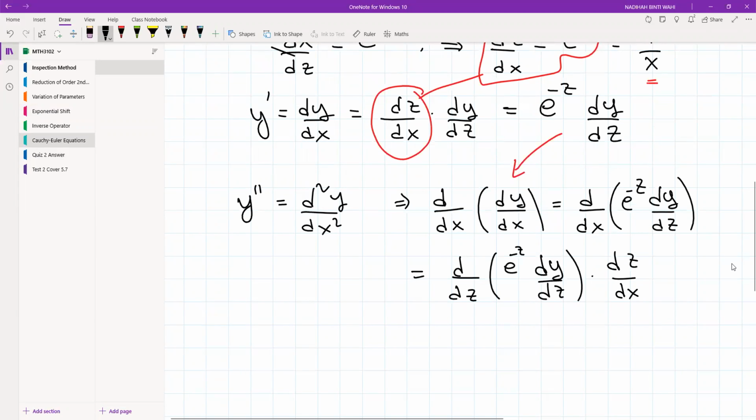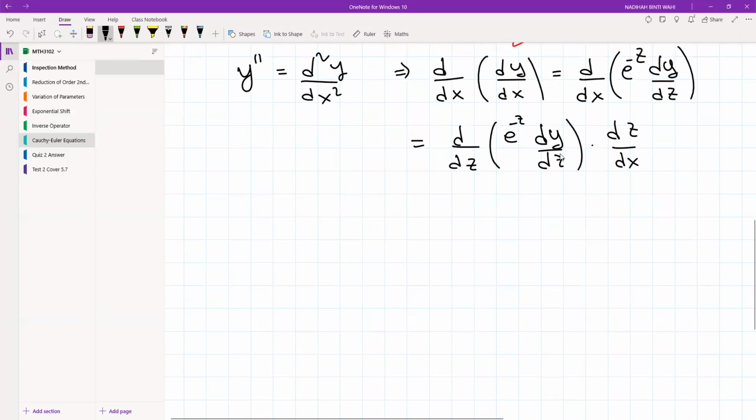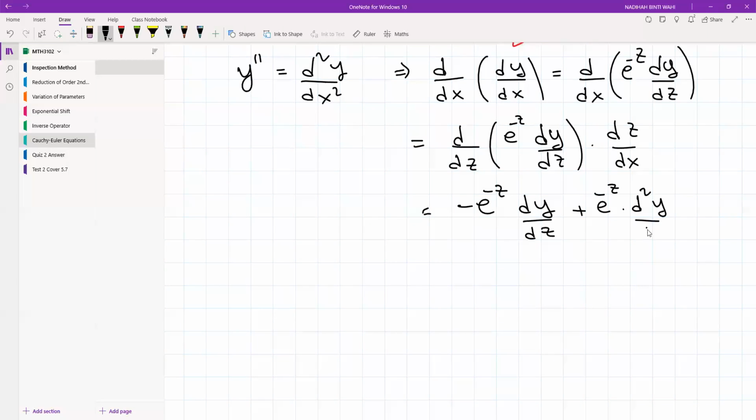It uses the same meaning as the chain rule. If I differentiate this, I get minus e to the minus z dy/dz plus e to the minus z times d squared y/dz squared, and dz/dx is just e to the minus z.